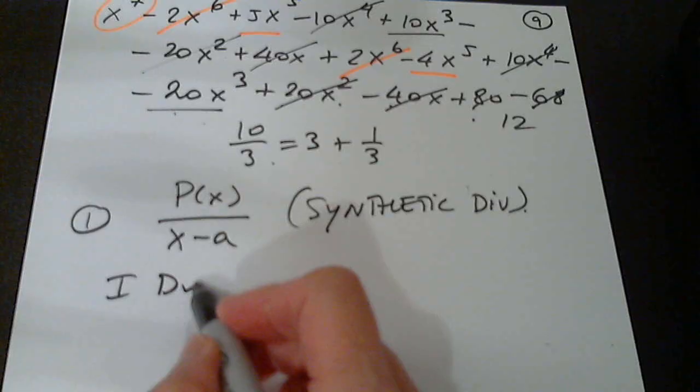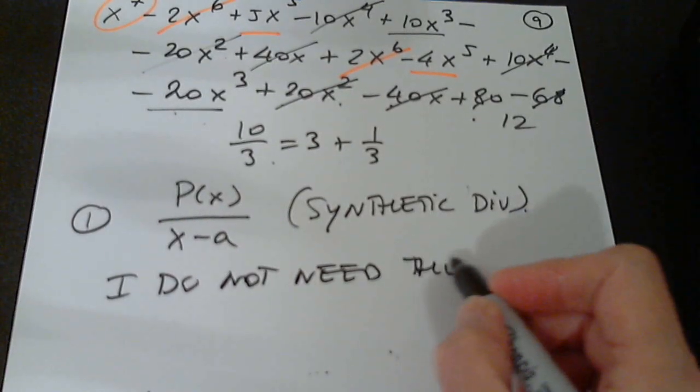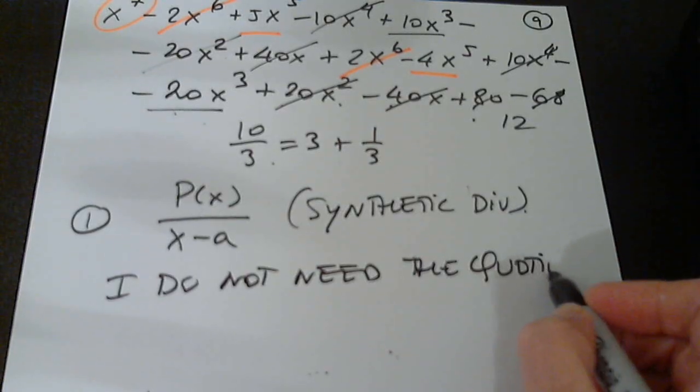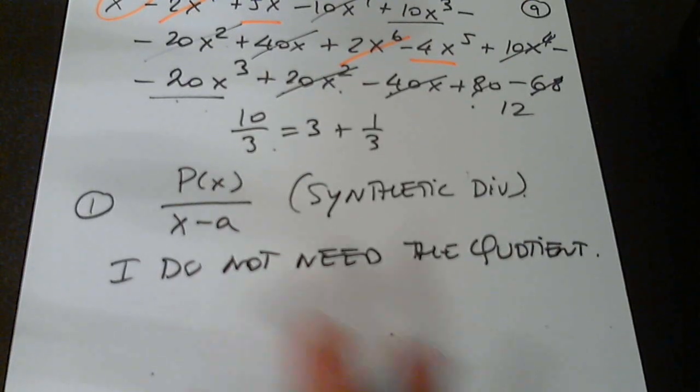Let's say I do not need the quotient. How would I just determine the remainder without finding all that long quotient?